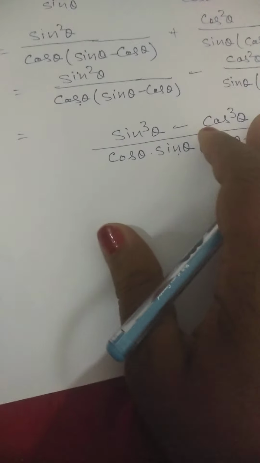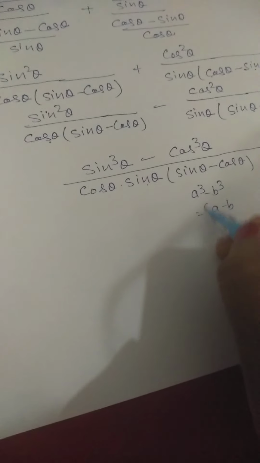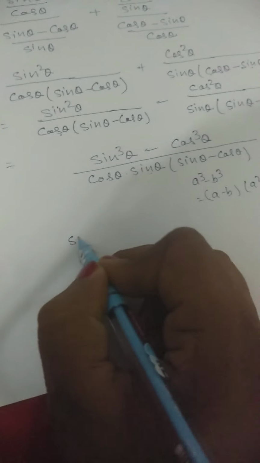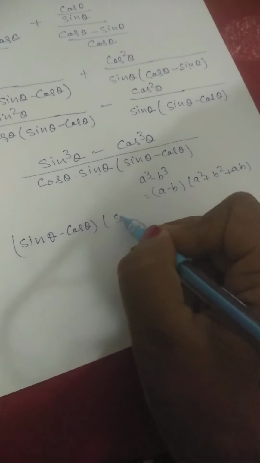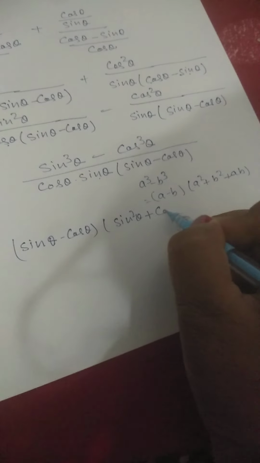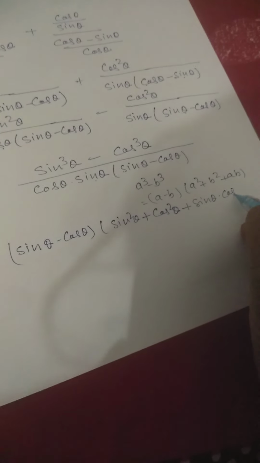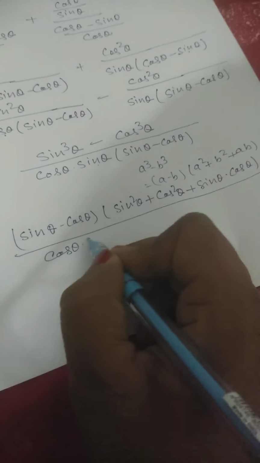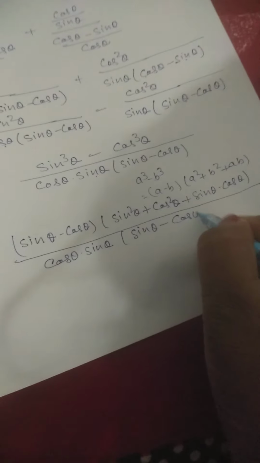And then what will you do? Just to take a cube minus b cube. The formula is this, na? a minus b into a square plus b square plus ab. Explain this one: sin theta minus cos theta into sin square theta plus cos square theta plus sin theta into cos theta, upon cos theta into sin theta into sin theta minus cos theta.